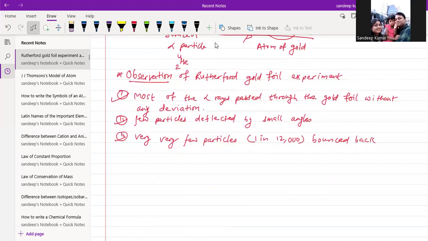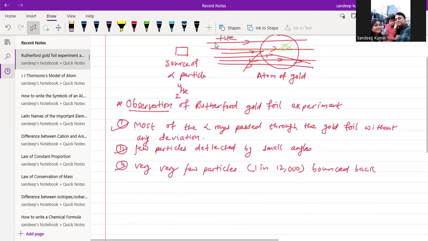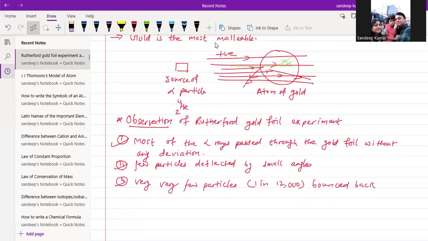And as very few particles are deflected by small angles like this, if a positive particle is going like this and getting deflected, it means it is repelled by some positive charge. Some positive charge is there.